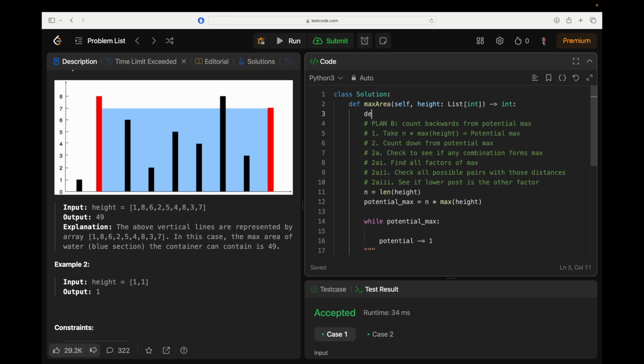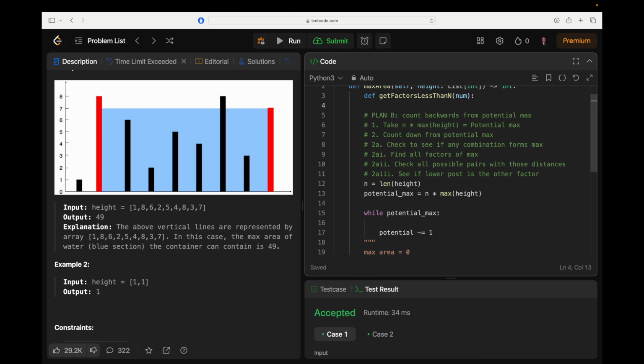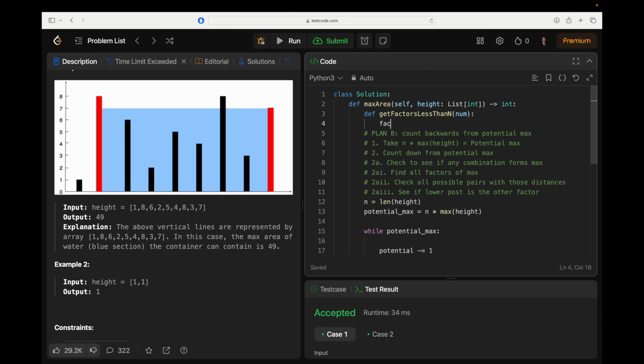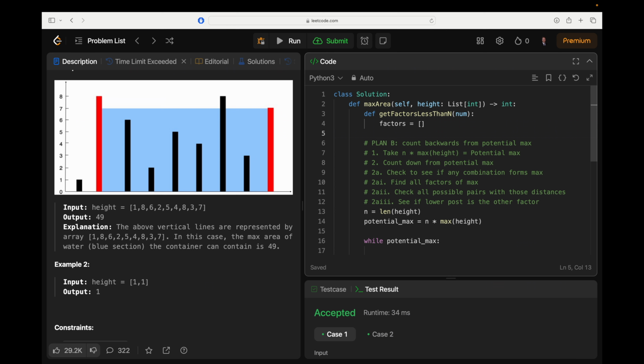Let's just make a helper function. And this helper function will just iterate through the possible distances backwards.